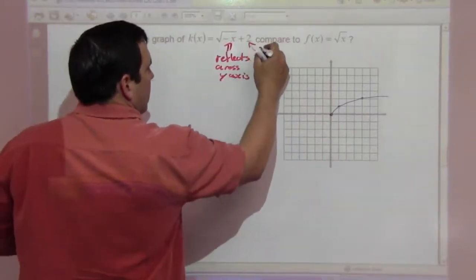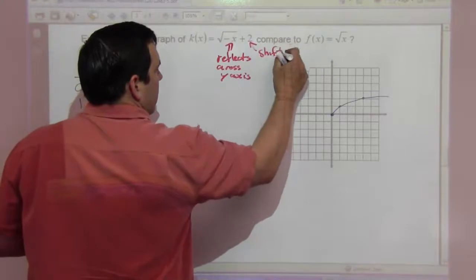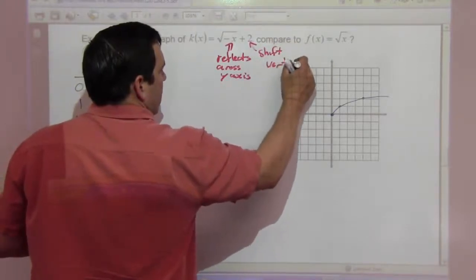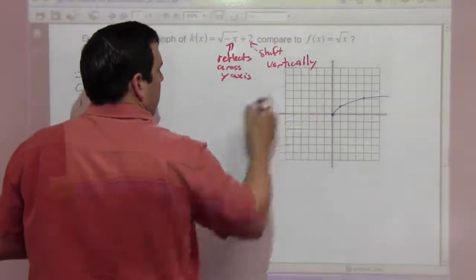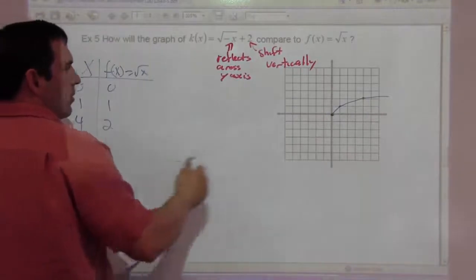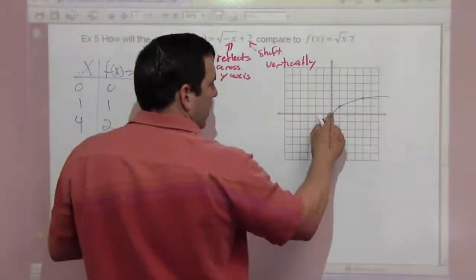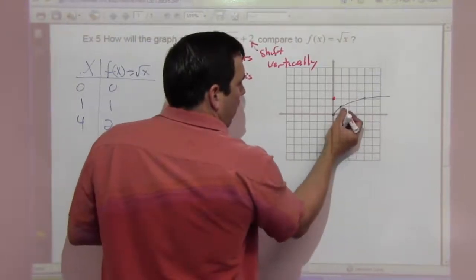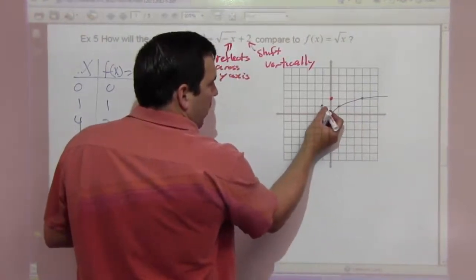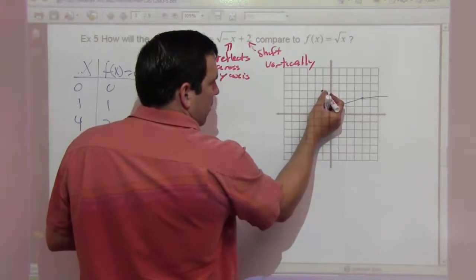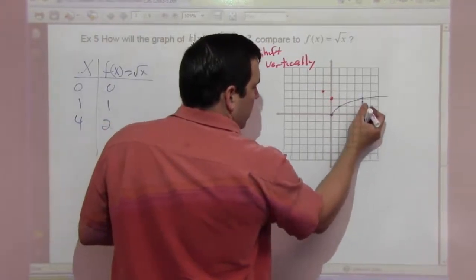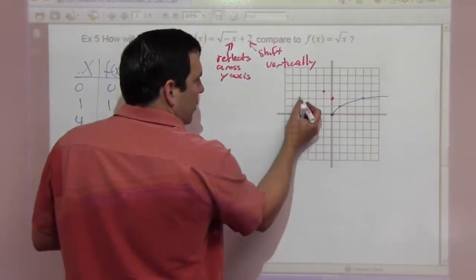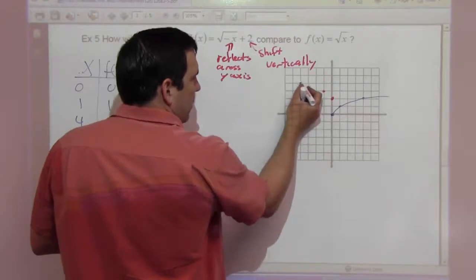Then the plus 2 will shift it vertically. So 0 will still be 0, but then it's going to go up 2. 1, 1 will be negative 1, 1, but then it'll go up 2. 4, 2 will be negative 4, 2, but it'll go up 2.